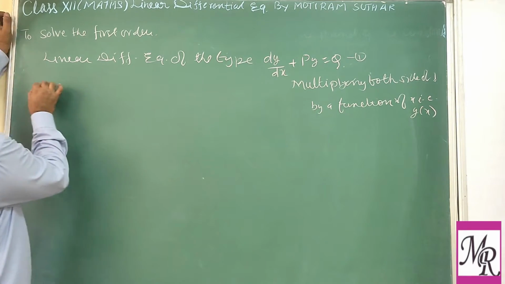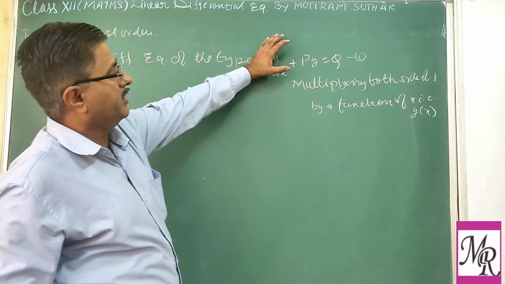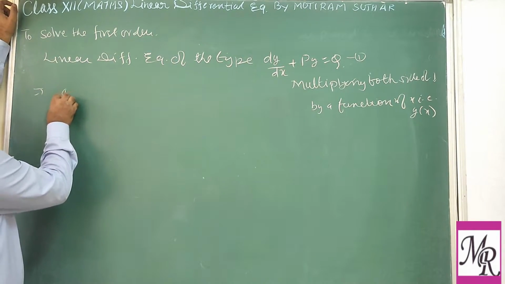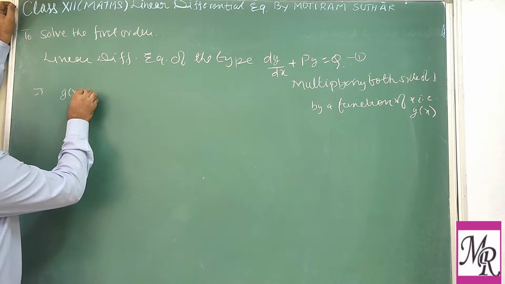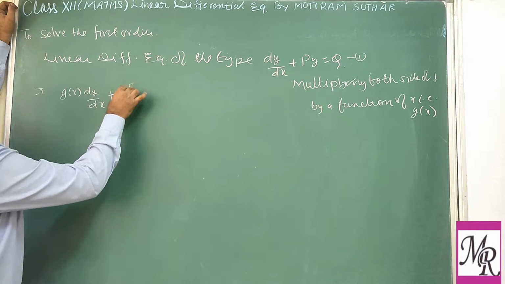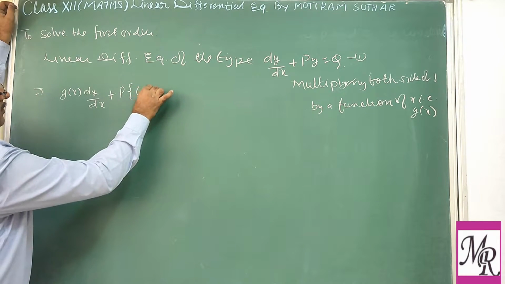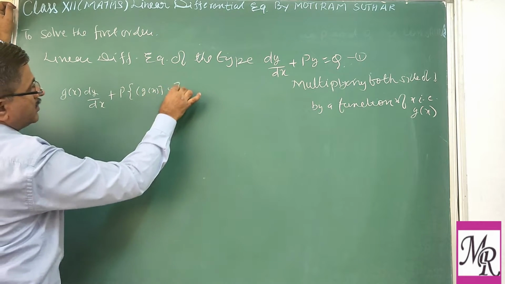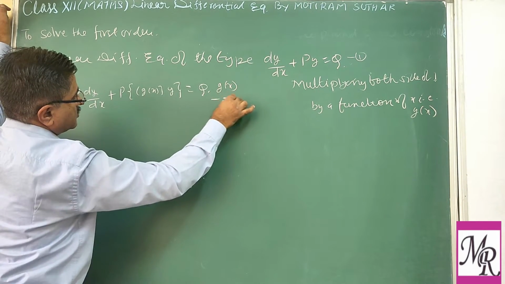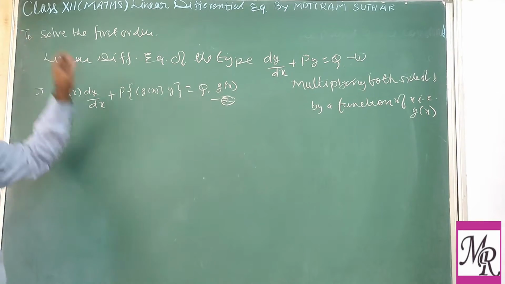So what do we get if we multiply this linear differential equation throughout by g(x)? We get g(x) into dy by dx plus p into g(x) into y equal to q into g(x). So this is equation number two.